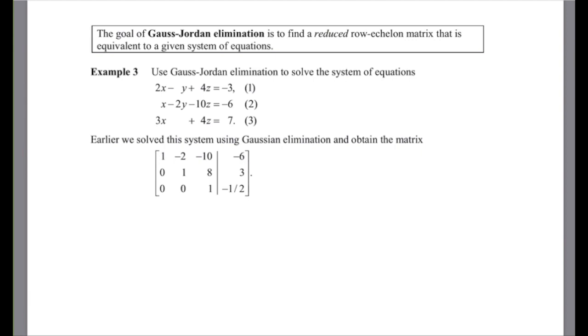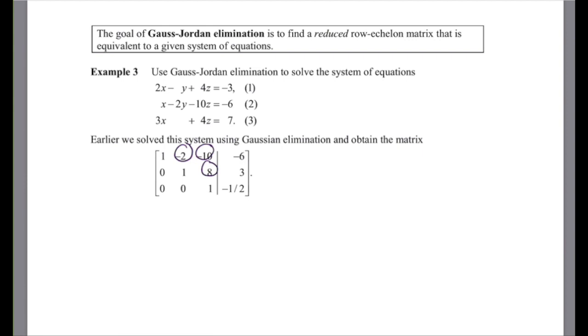So when I'm looking at my first problem here, I've got 2x minus y plus 4z is negative 3, x minus 2y minus 10z is negative 6, and 3x plus 4z is 7. Earlier we solved this system using Gauss elimination to find this matrix from a previous problem. So let's continue solving this so that we end up with zeros in the remaining locations to see if we can obtain the same results.